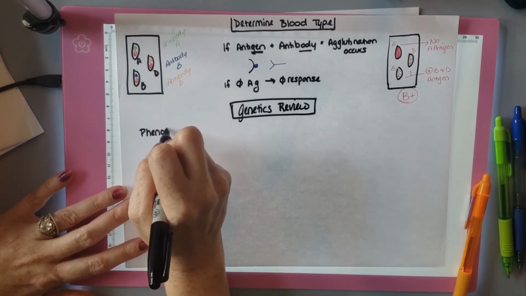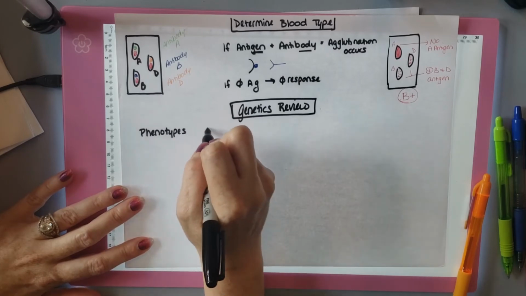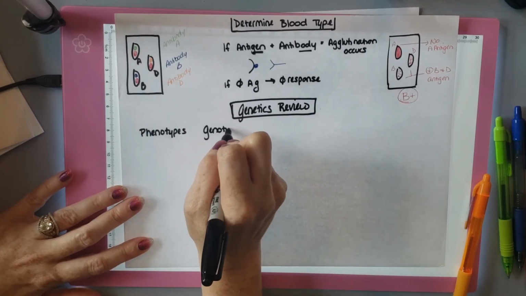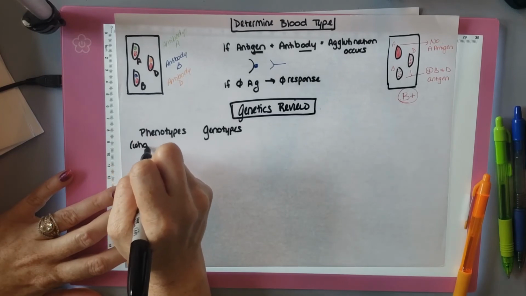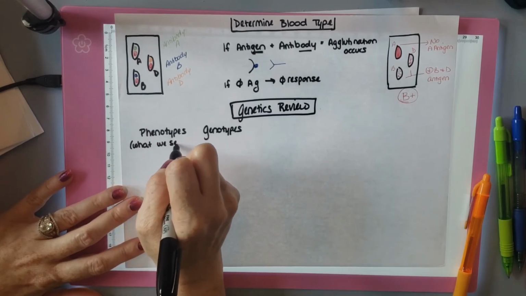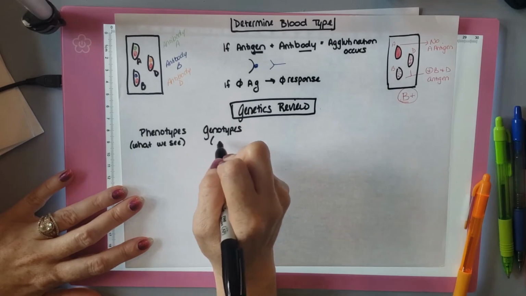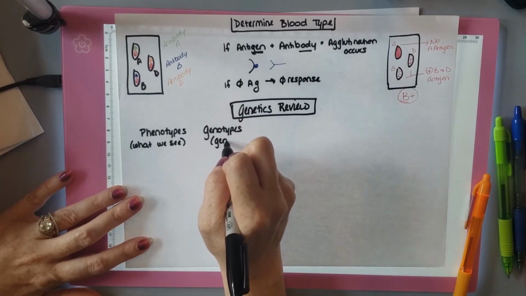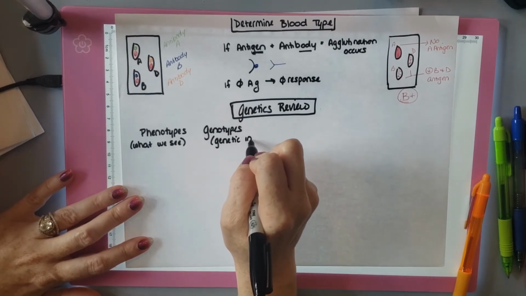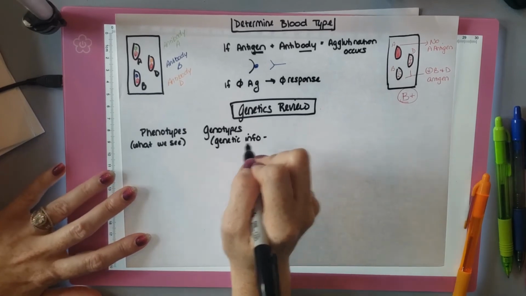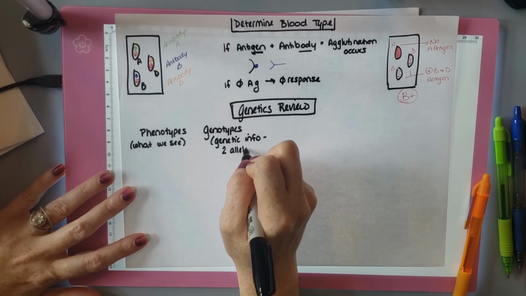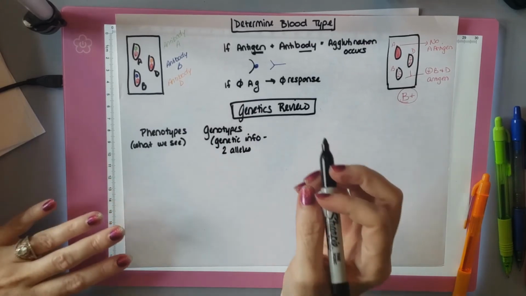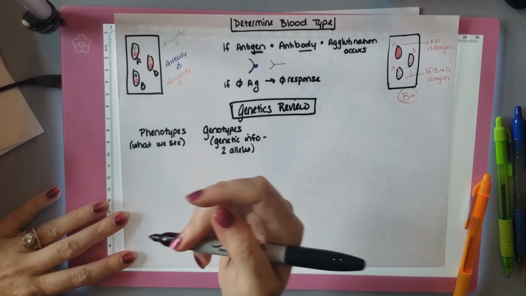So there's phenotypes and genotypes. The phenotype is what we see. The genotype is the genetic info. So it's 2 alleles. An allele is that particular gene. You get one from mom, one from dad.